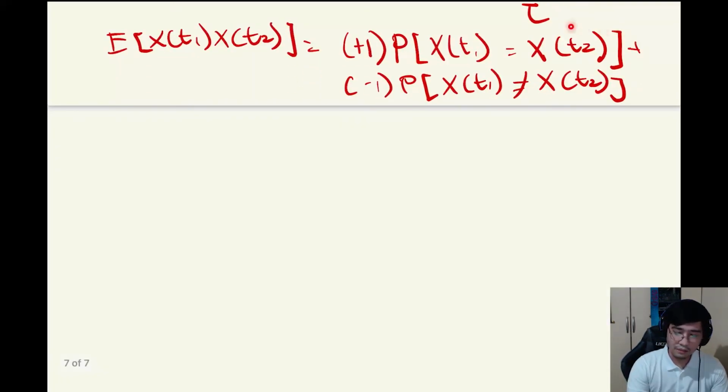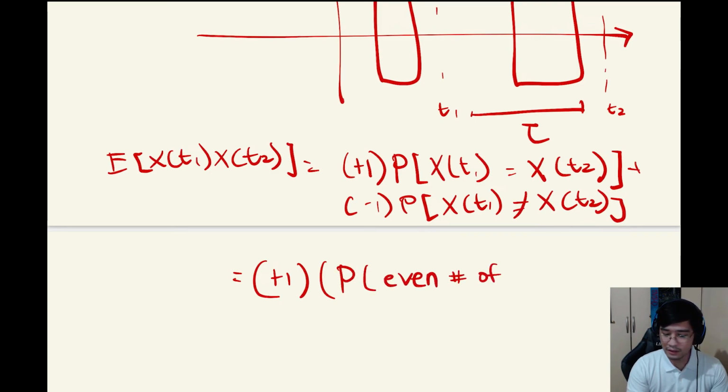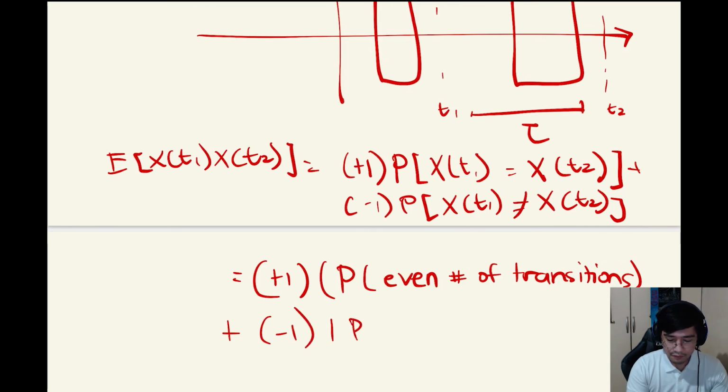And actually, we've already obtained this, right? When we have time interval tau, for us to obtain a similar value given an initial value, the probability of that happening is equal to the probability of an even number of transitions. And we already solved that, right? And that is also the case for negative 1: we must have an odd number of transitions.